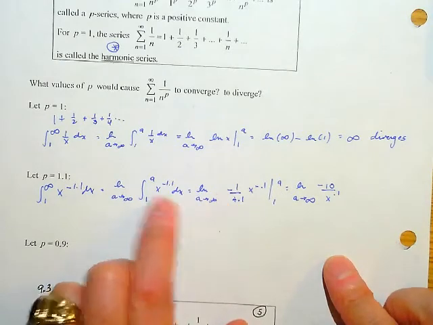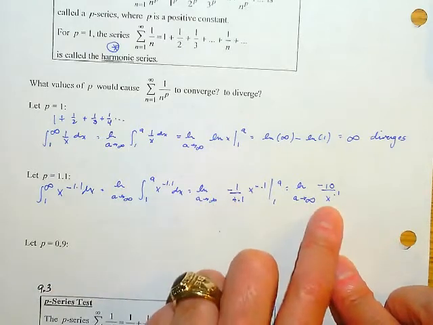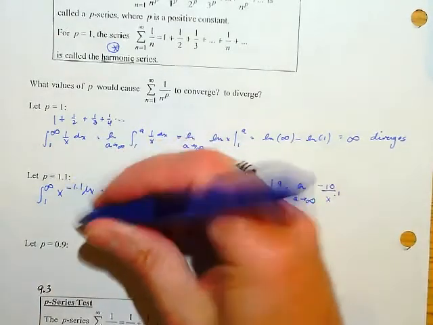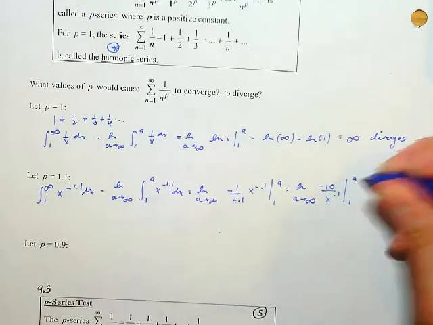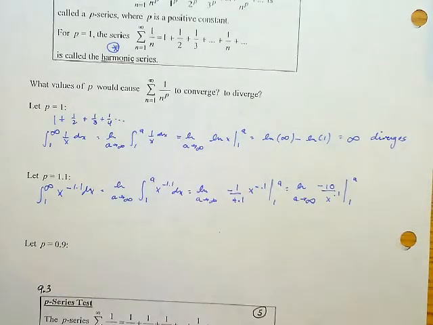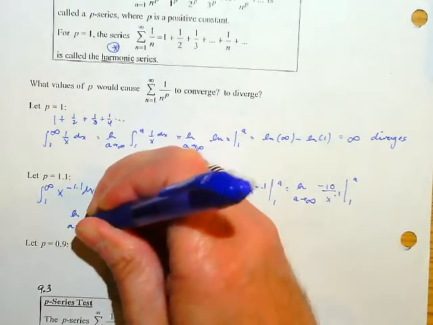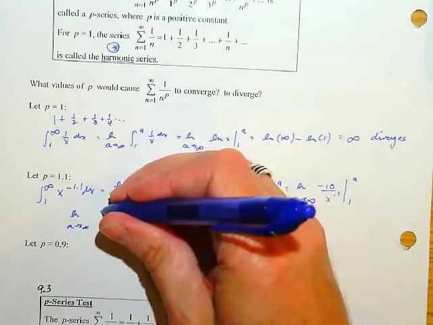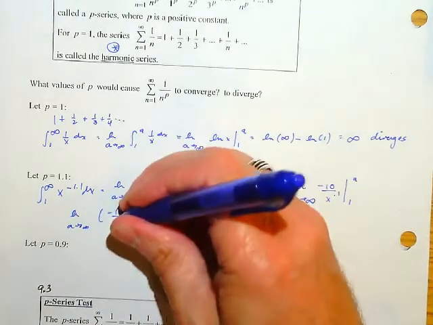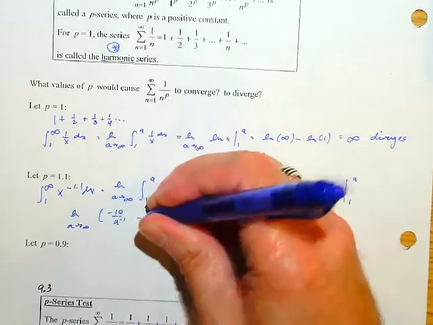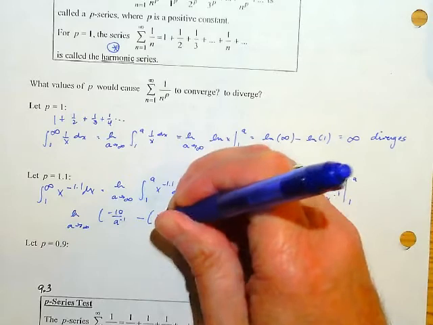So increase the power would be a negative 0.1, but I just moved that negative sign, so it's negative 10 over that. Let's evaluate that then from 1 to a. Yep, it's the limit as a approaches infinity of negative 10 over a to the 0.1 power minus negative 10 over 1.